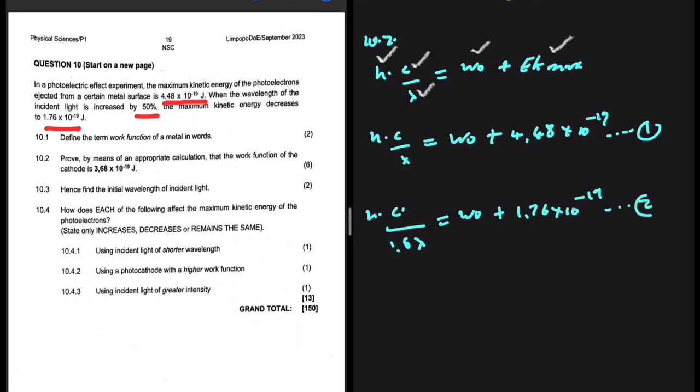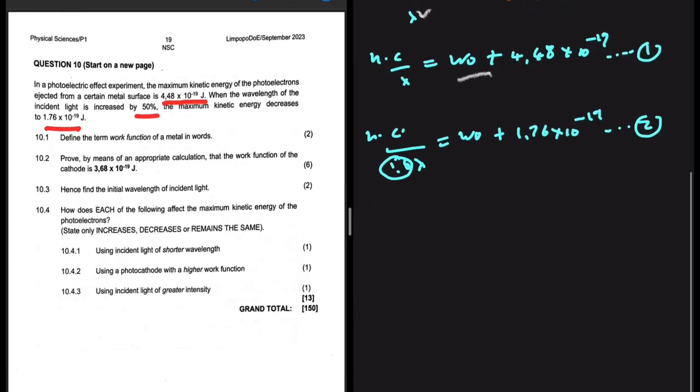This is equation 2. So we need to play around with these two equations and ultimately get the value of the work function. Let's get rid of this 1.5 so that we can have HC divided by wavelength and equate the two equations. How can we possibly do that? We can multiply by 1.5 on the left hand side and on the right hand side.